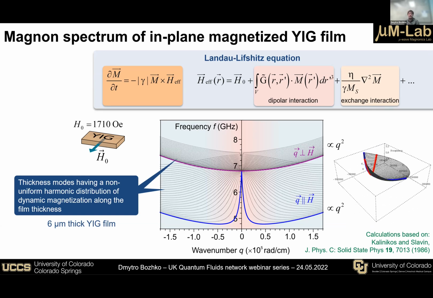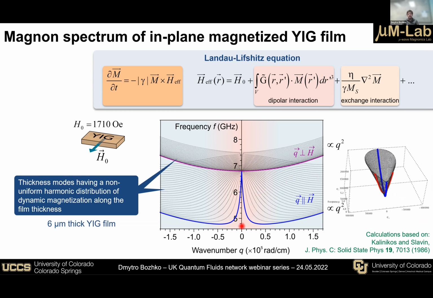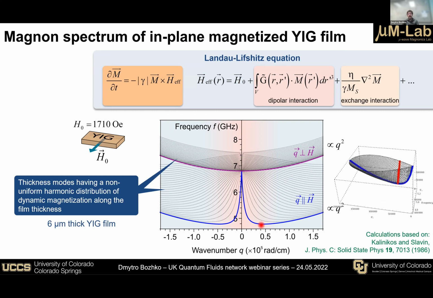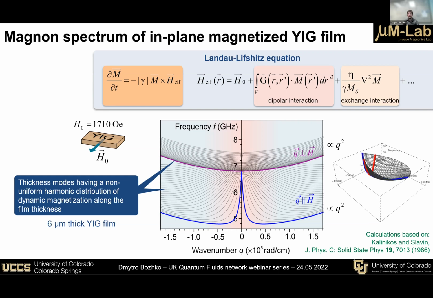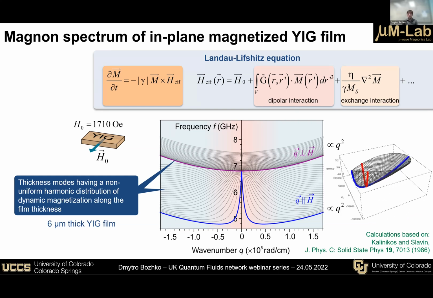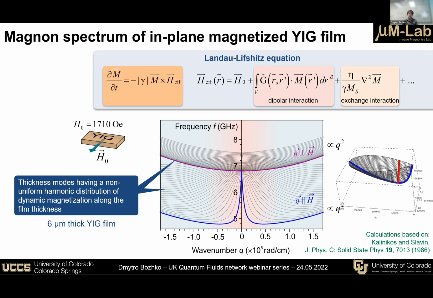And this dispersion has a very intricate feature: the wave vector of the minimum of the dispersion is not at zero wave vector, in contrast to cold atoms or electrons.